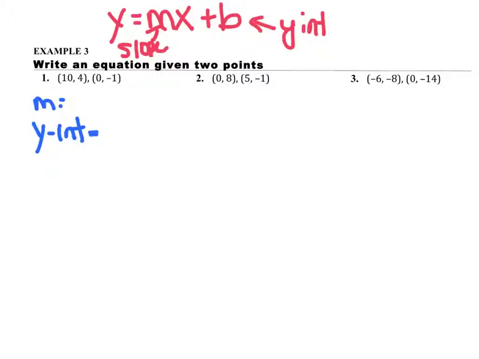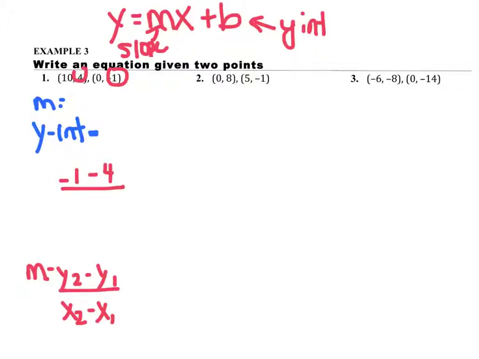Okay, let's start out with our slope. Because I have 2 points, let's use the formula. m is equal to y2 minus y1 all over x2 minus x1. All right, so I'm going to take my negative 1 minus 4, and then I'm going to take my 0 minus 10.